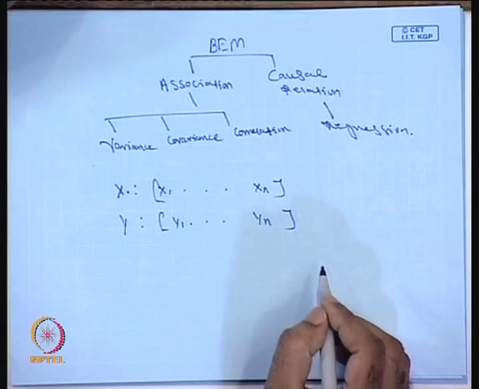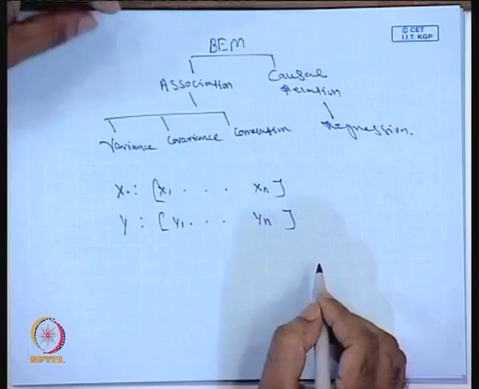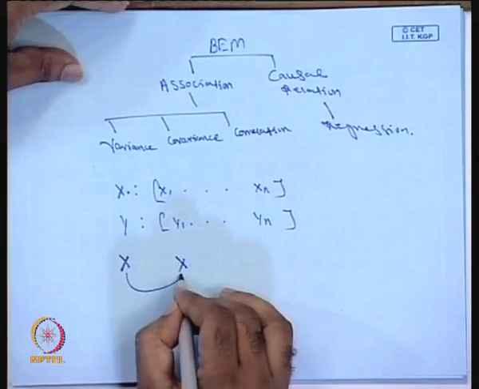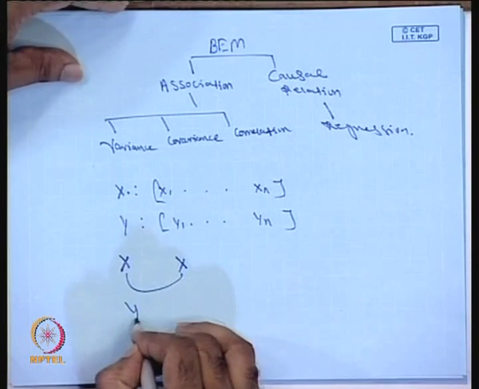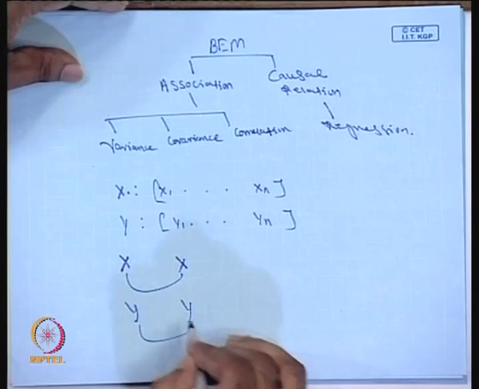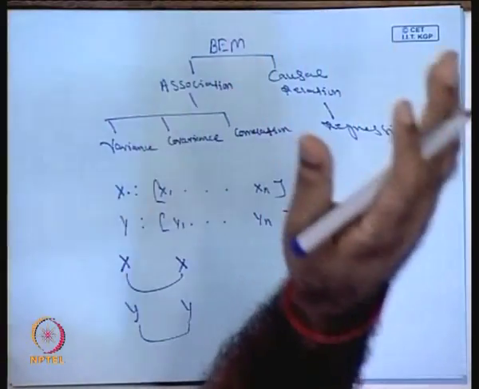Variance and covariance are in fact very similar. Variance means we have to track the association with the same variable, for instance x upon x or y upon y. This is what is called variance.